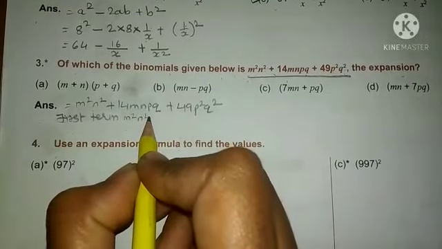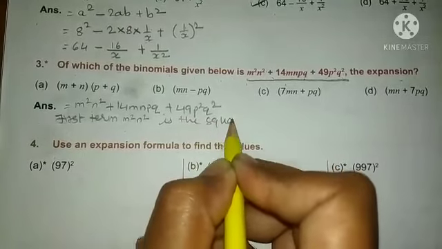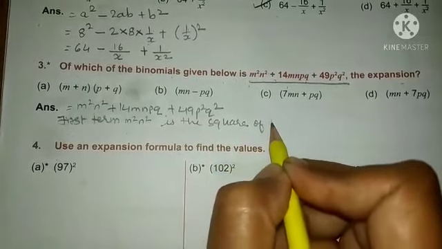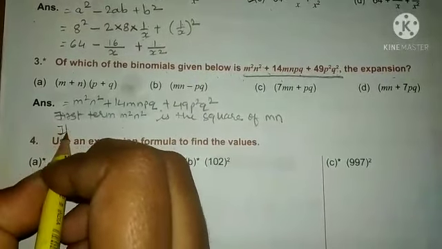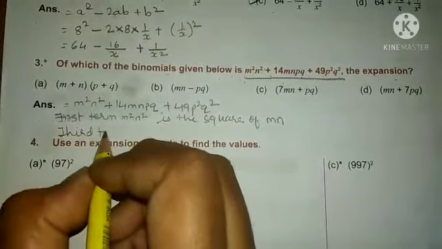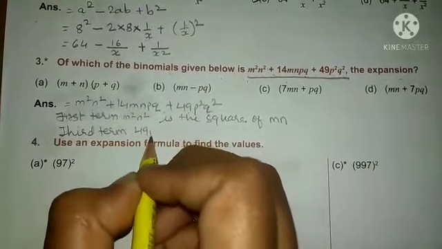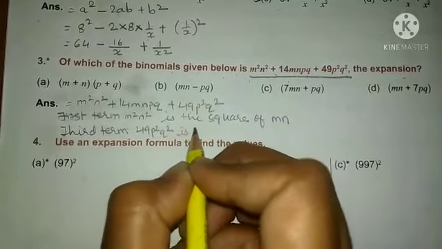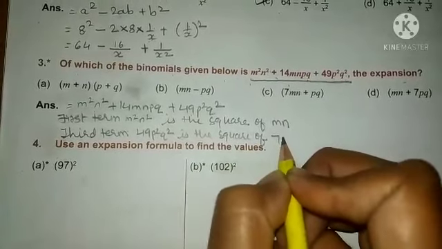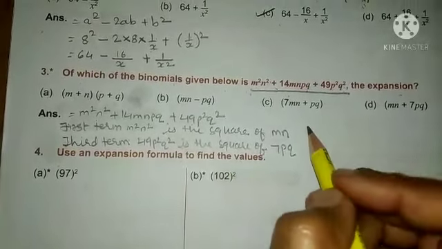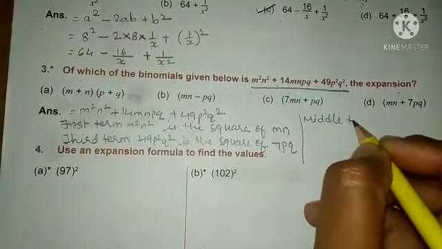It is the square of mn. Now we will find the third term. The third term is 49 p square q square. 49 p square q square is the square of which term? That is 7pq.